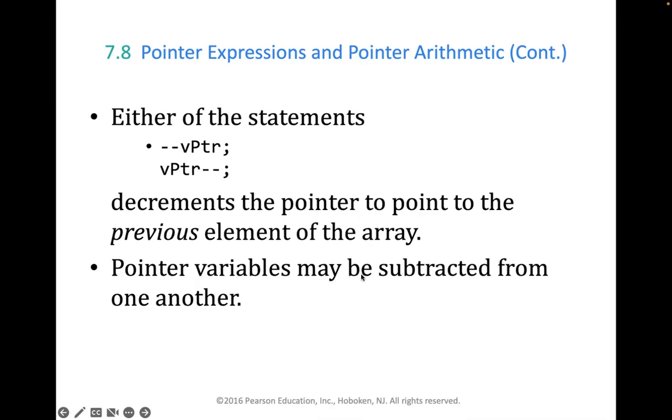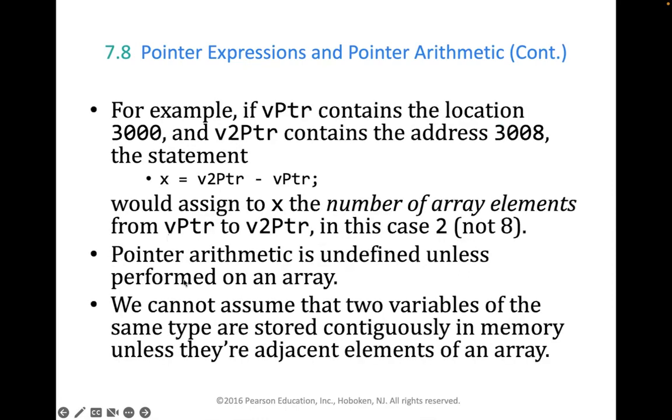Pointer variables may be subtracted from one another. So this is the one. vPtr contains the location 3000, the first element. v2Ptr contains the address 3008, the third element.